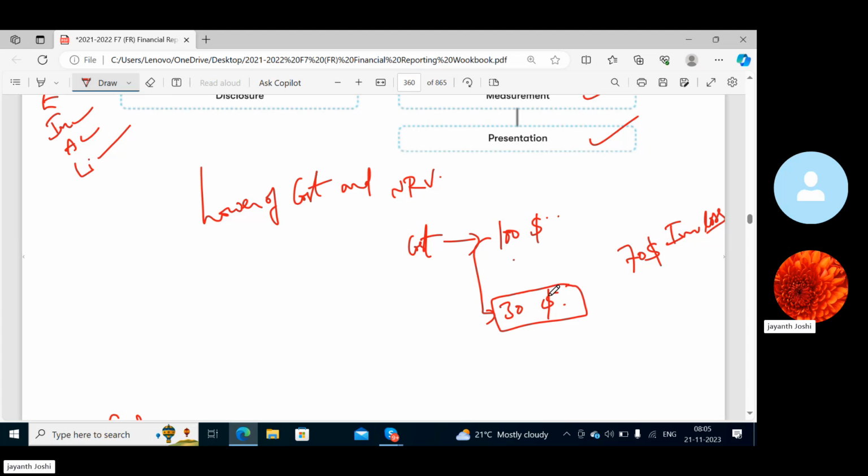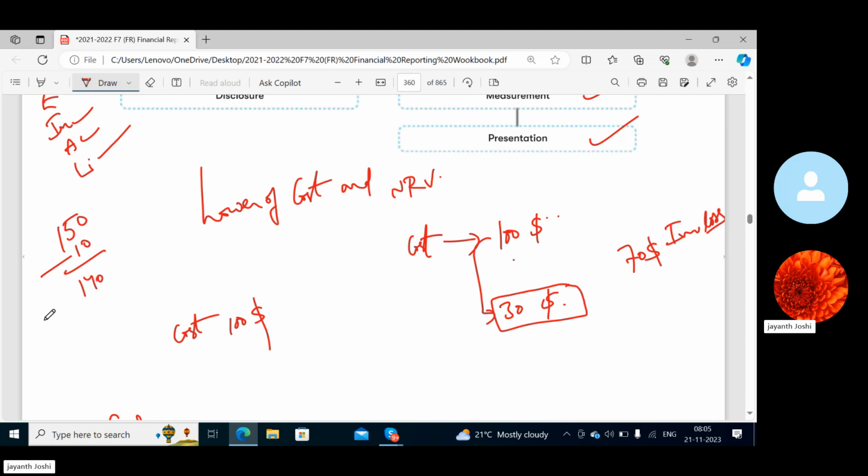And suppose the cost of the inventory is $100. What do you mean by NRV? Selling price minus cost of disposal. That means some commission you are going to give to an agent for selling the goods. So let's say $100 cost. You are able to sell it for $150 minus $10 commission.